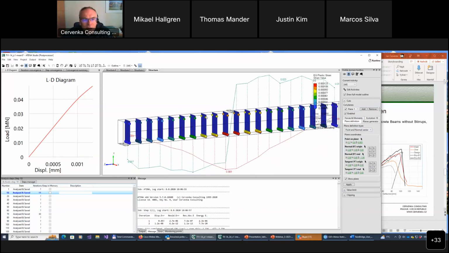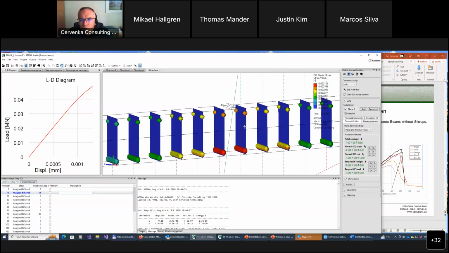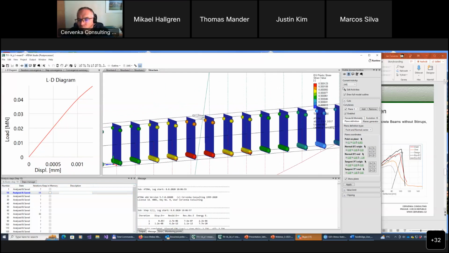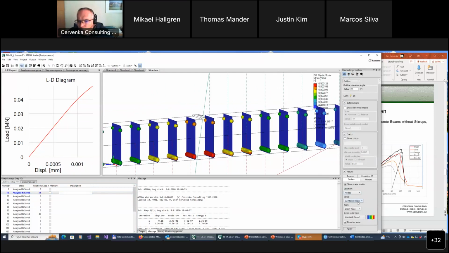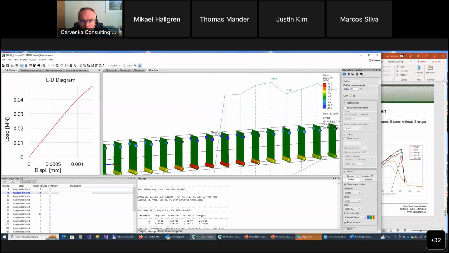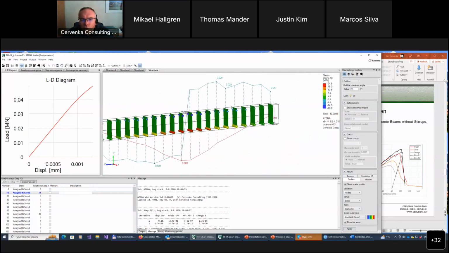Here you can see if I make a cut and the cut is passing through reinforcement, I have this additional information about the value at the reinforcement. So for instance, if I would change my quantity here, currently it is showing the equal plastic strain, but if I, for instance, switch to stress, maybe the first component of stress, it then shows me what the stresses are, and you can see here the stresses in the reinforcement.